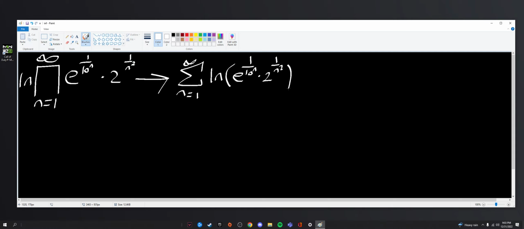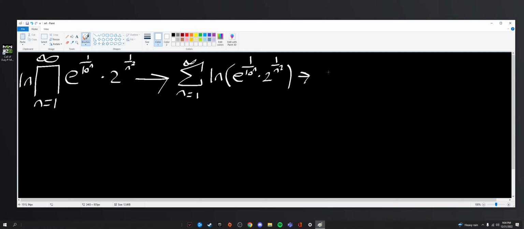Now, further with the natural log properties, we can split this up into the sum of two ln's. And furthermore, when we have two things adding in the sum, we can just split them off into two separate sums. So that's what we're going to do here.